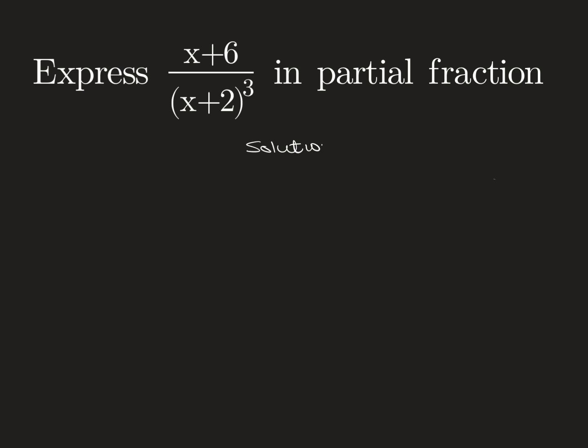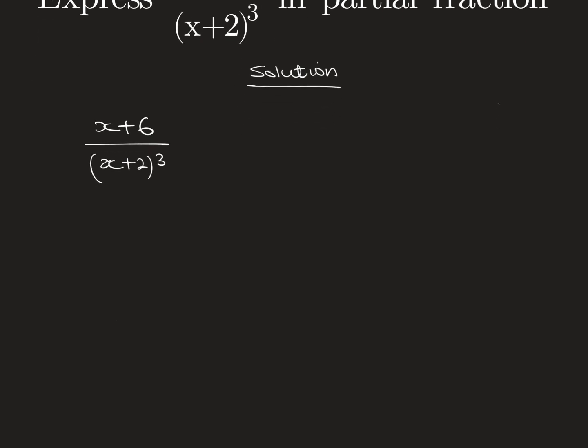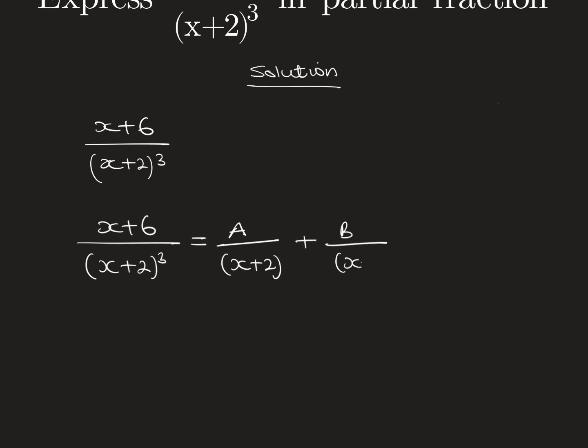Solution: (x + 6)/(x + 2)^3 is equal to A/(x + 2) plus B/(x + 2)^2 plus C/(x + 2)^3.